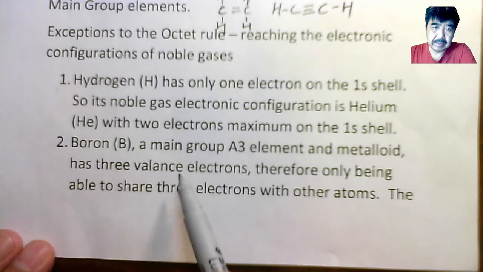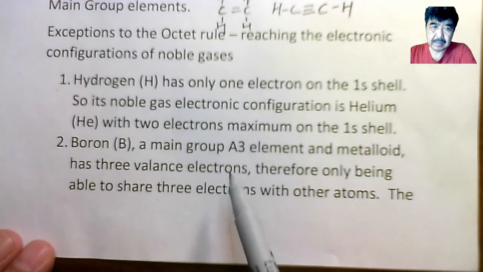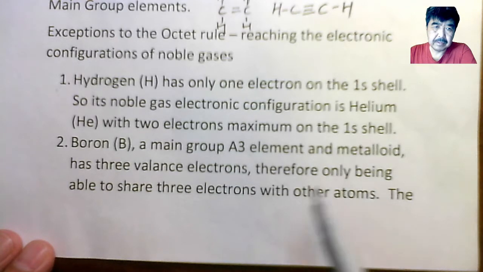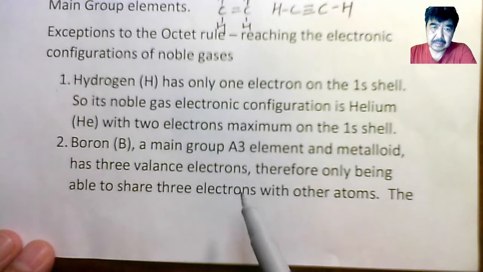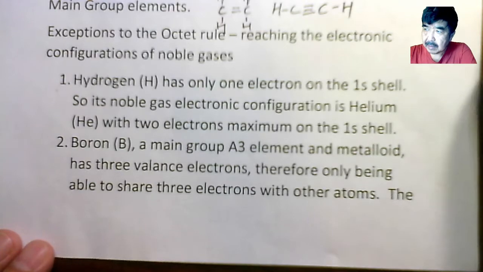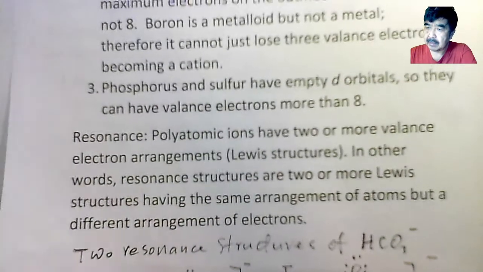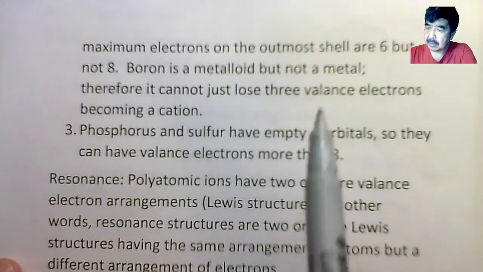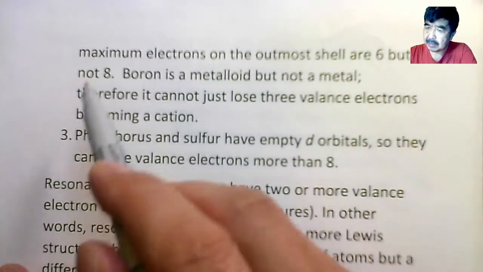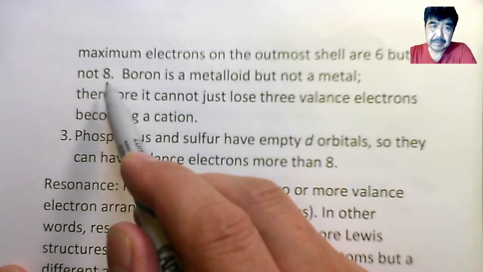Boron has 3 valence electrons, and therefore is only able to share 3 electrons with other atoms. The maximum number of electrons on the outermost shell is 6, but not 8. This is the special case.